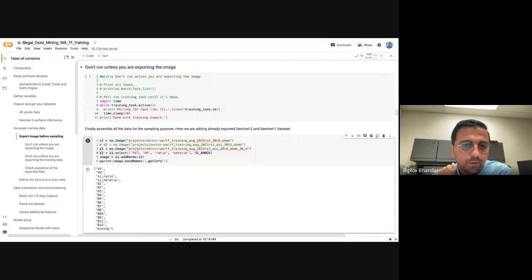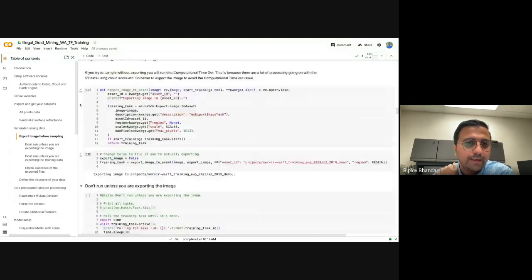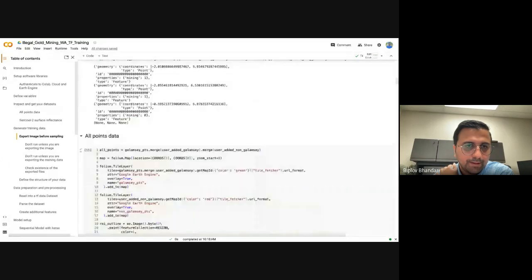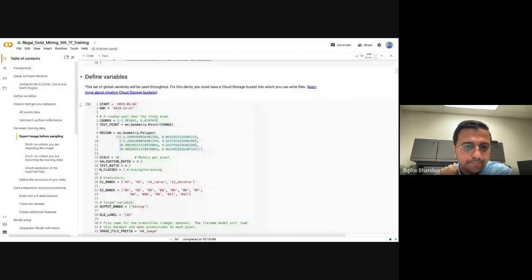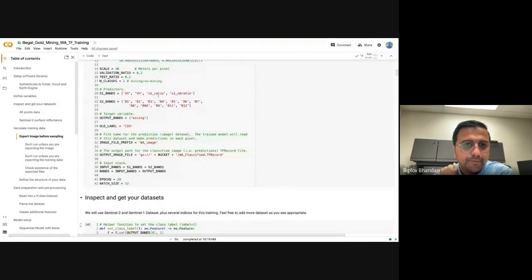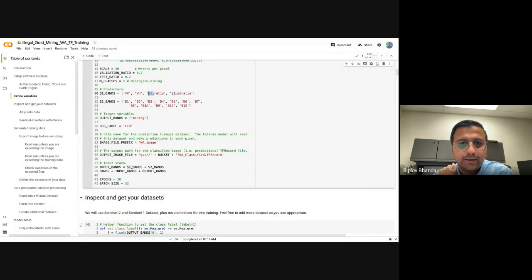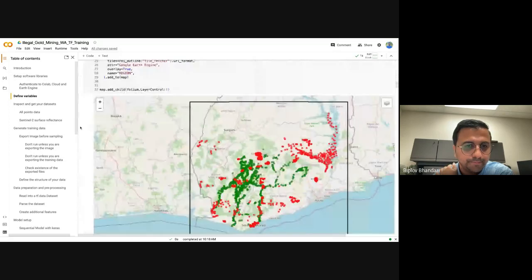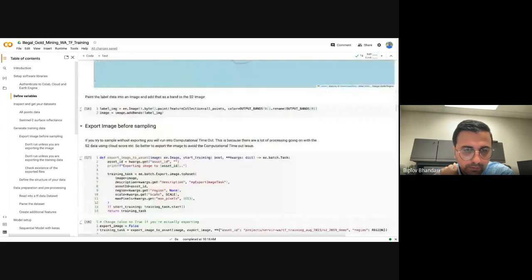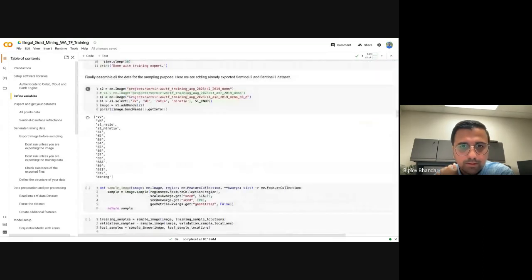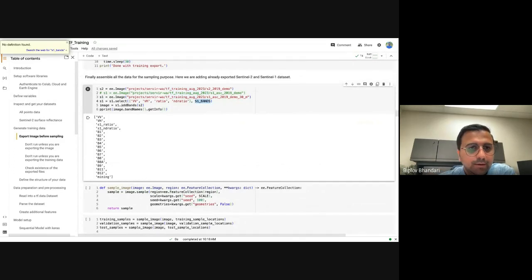Next, I'm selecting those bands within that Sentinel-1 composite and renaming them to our s1_bands, which in this case are VV and VH, and then appending the S1_ratio and S1_ND_ratio.